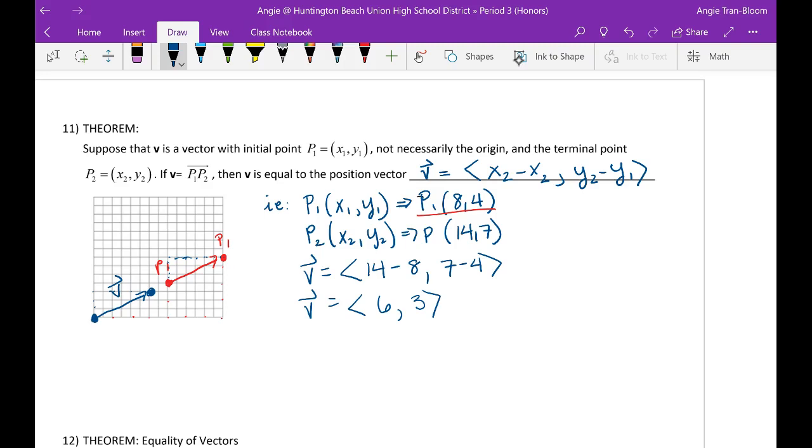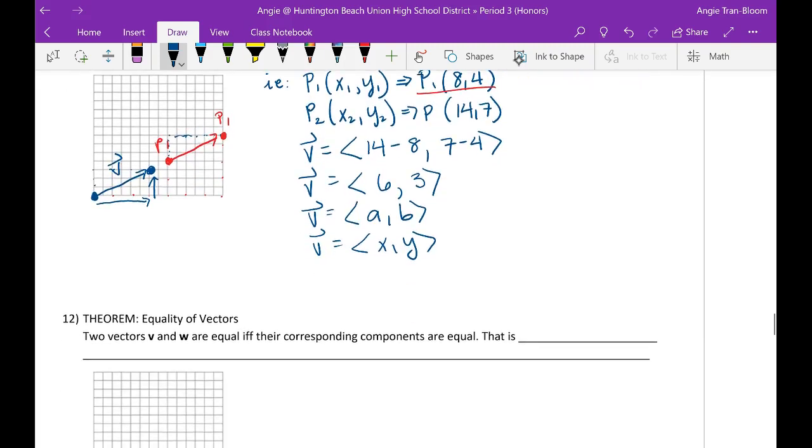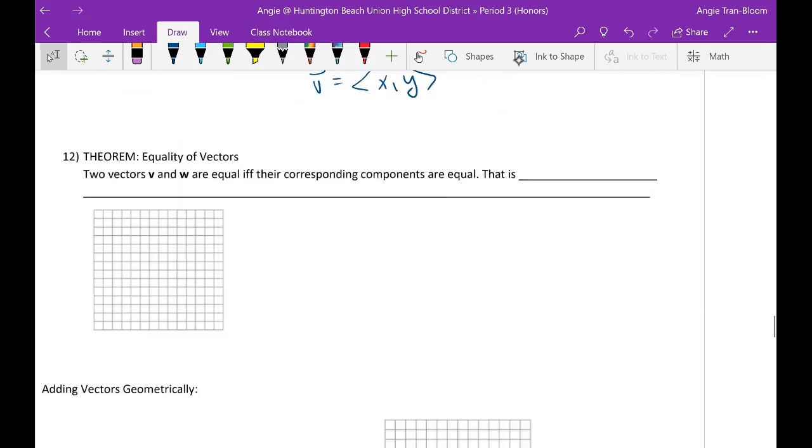So what it's telling us is that the x direction is 6 and the y direction is 3. Okay, so vector V has components a comma b, or oftentimes it's going to be x comma y components. Okay, all right, here we go. That's how we find the position vector.